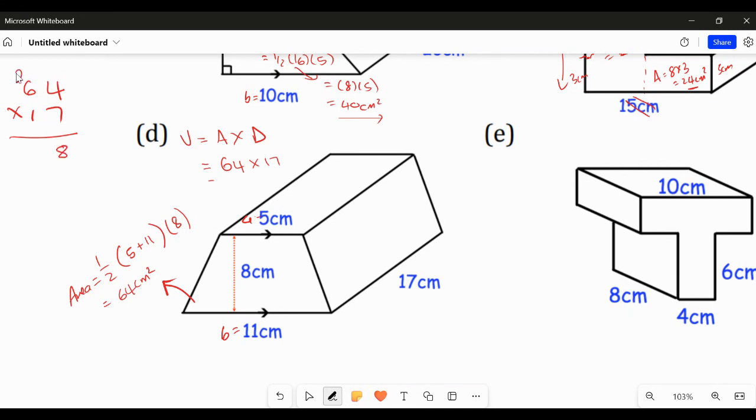Put the 8, carry the 2. 7 times 6 is 42, plus 2 is 44. Put the 0. 1 times 4 is 4. 1 times 6 is 6. Add it up: 8, 8, 10, comes to 1088 centimeters cubed.